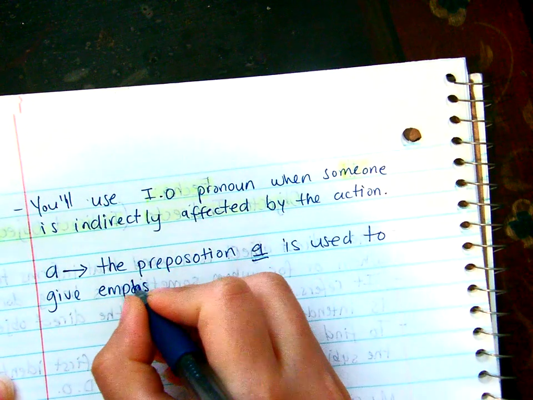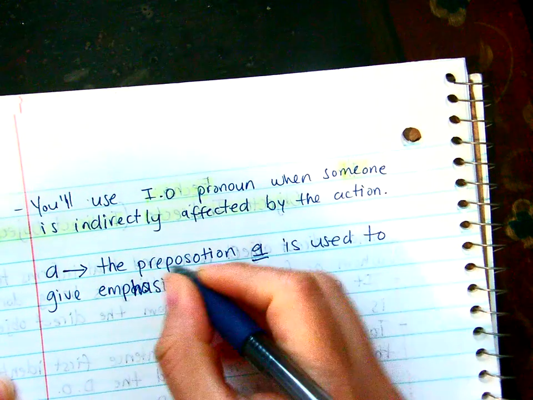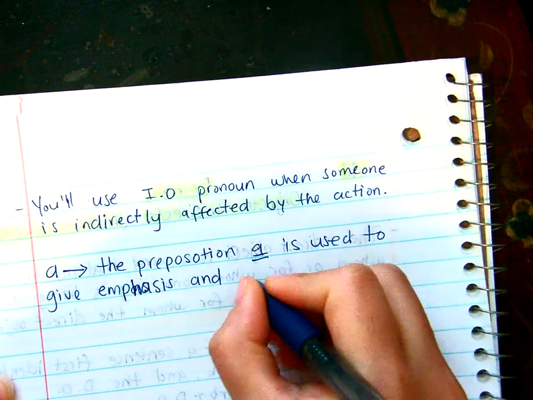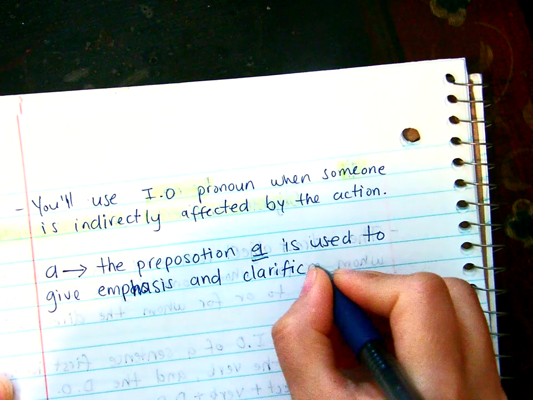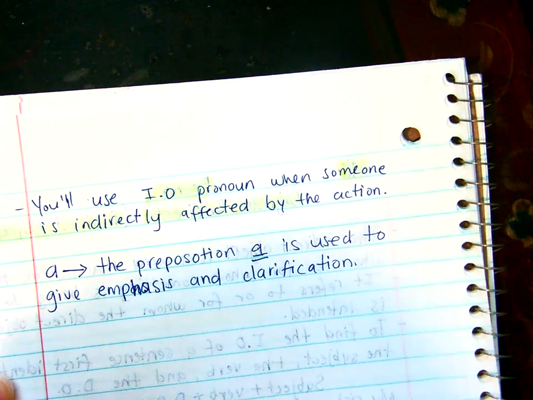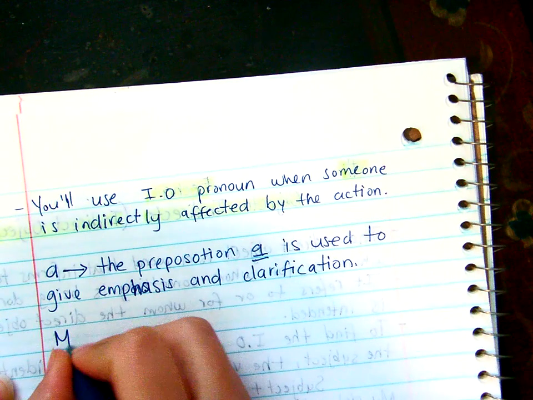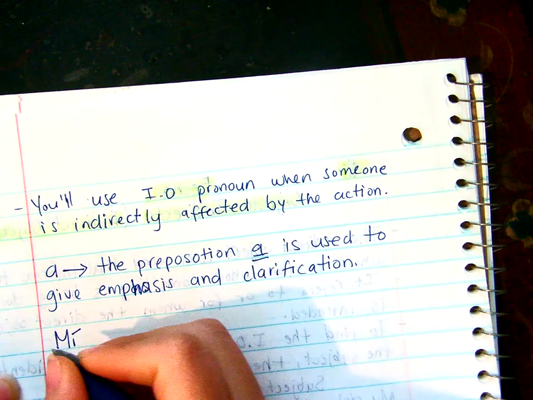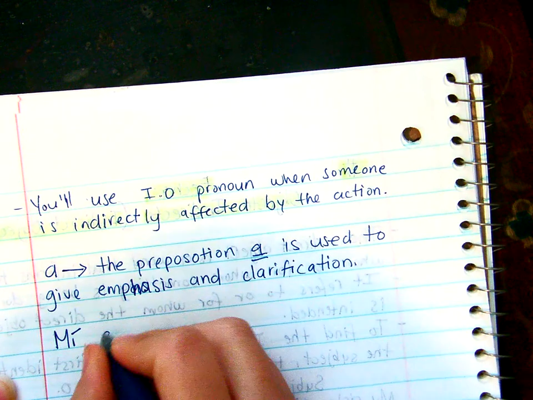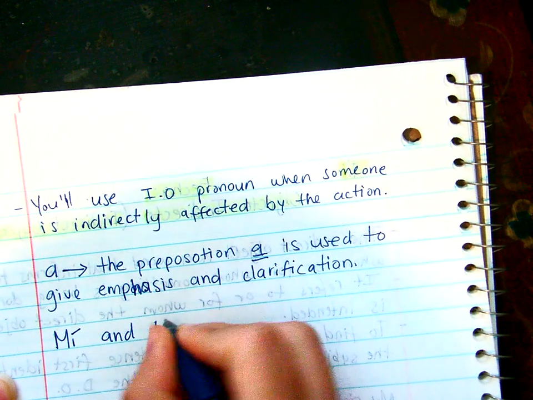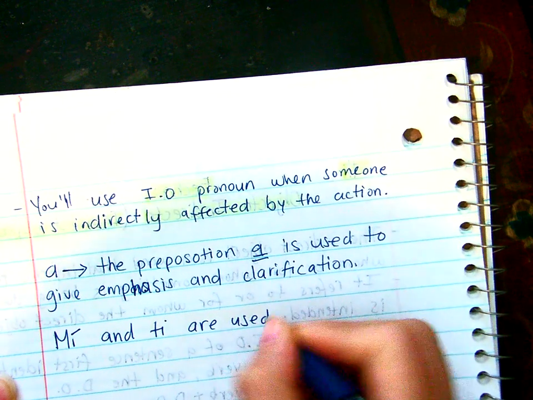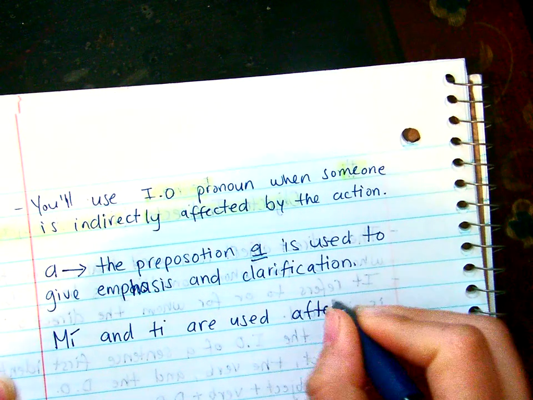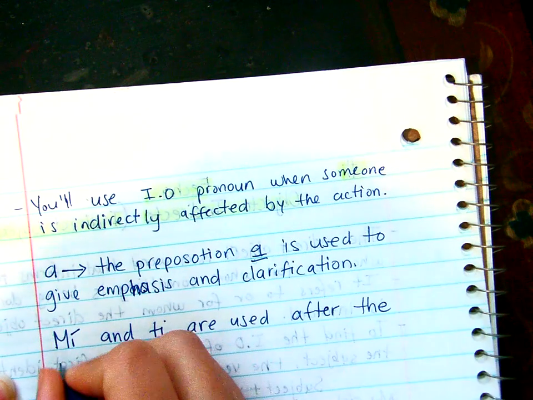I missed an H, right? Emphasis and clarification. And I'm going to show you what this means, okay? Also, you're going to use me and te. They're going to be used after the preposition a.